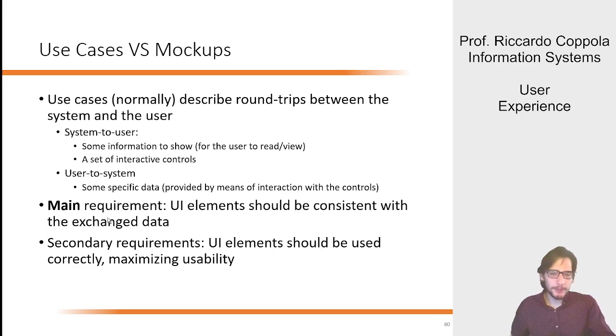The main requirement, the thing that will be evaluated for the mockups, is that the elements of the graphical user interface must be consistent with the data that is exchanged. So the elements of the mockup will have to be consistent with the exchange between the system and the user in the use case, and also they must be compatible with the data that you have in the class diagram.